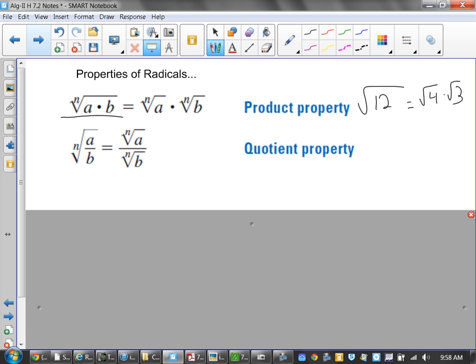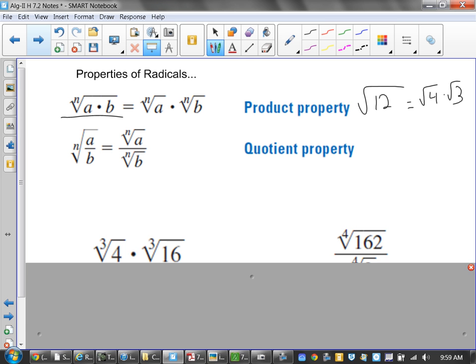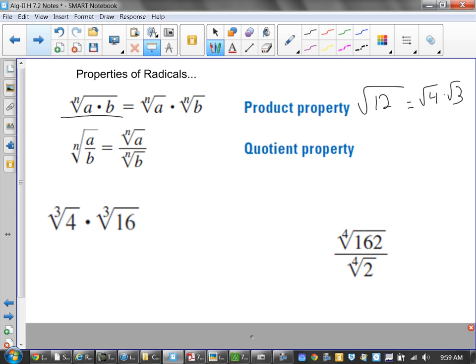And it works the exact same way when you're dealing with division. When you're dividing, you take the nth root of the numerator and the nth root of the denominator, and you simplify that way. Those rules don't change. What this is going to allow us to do are things like this.